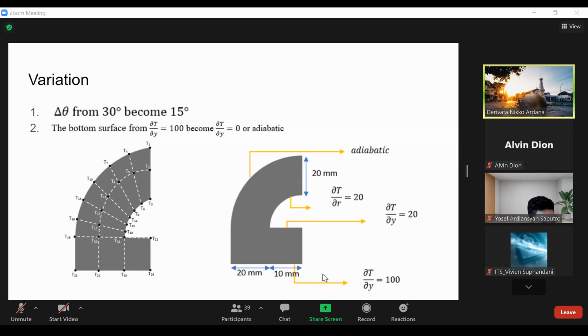Our group chose two variations. The first is delta angle from 30 becomes 50 degrees, and the second variation is the bottom surface from ∂T/∂y equal to 100 becomes 0, or adiabatic.